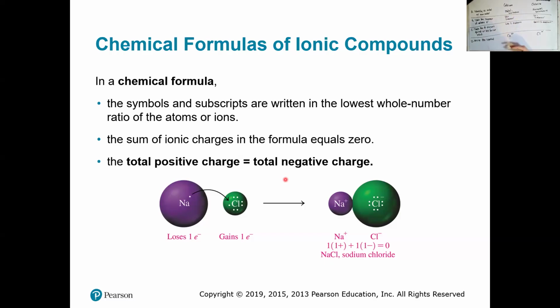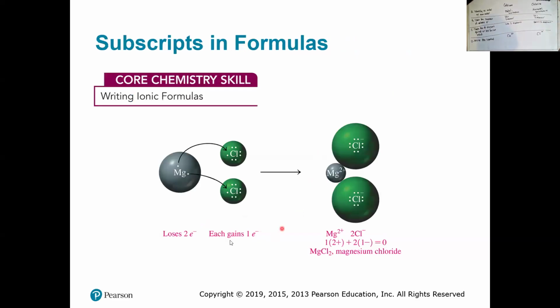Sometimes you'll need 2 cations for every 1 anion if their charges aren't the same number, because the overall charge just has to be the same. An example is magnesium combining with chlorine. Each chloride has a -1 charge.